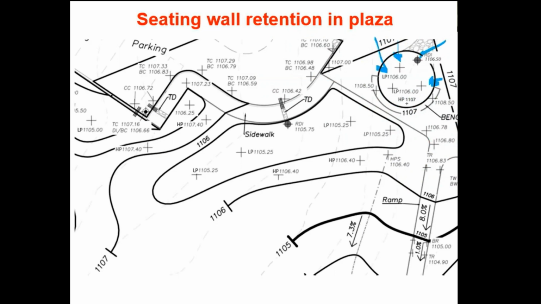In terms of spot elevations, we're going to have the low points that are in the system. We're going to have a high point that is related to the bench. We're going to have the top of the bench itself. And of course, we're going to have the raised drop inlet. And the raised drop inlet, again, needs to be lower than the high point.